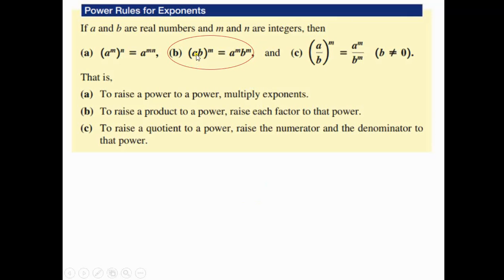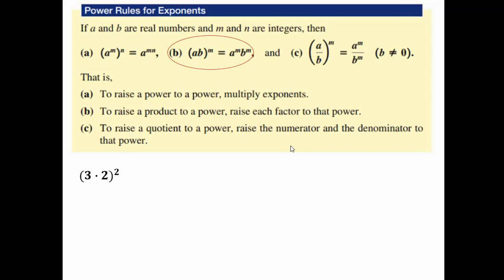Notice we got a product here, A times B. And basically what we have here is the quantity A times B raised to the power of M. And that equals A to the M, B to the M. In other words, when we raise a product to a power, what we do is raise each factor in the product to the power, okay? So again, what we're going to do is just look at a couple of numbers here and see if this holds true.